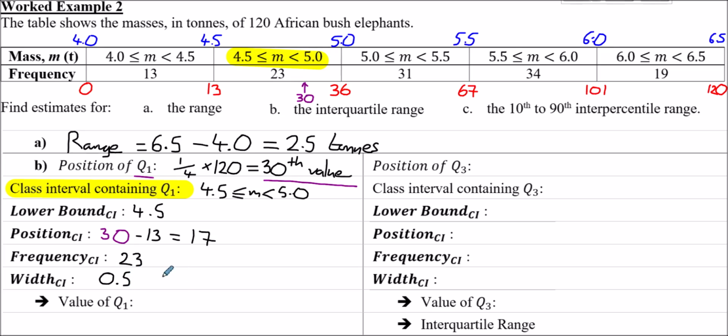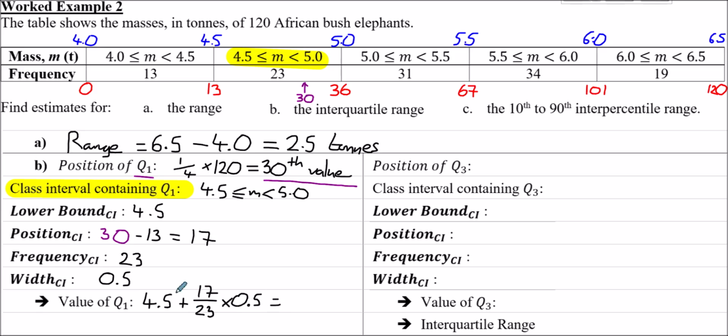We can now work out the value of Q1, an estimate for it at least. So we start at the lower bound of the class, 4.5. Then because Q1 is a 17th value out of 23, we add 17/23rds of the class width onto that.